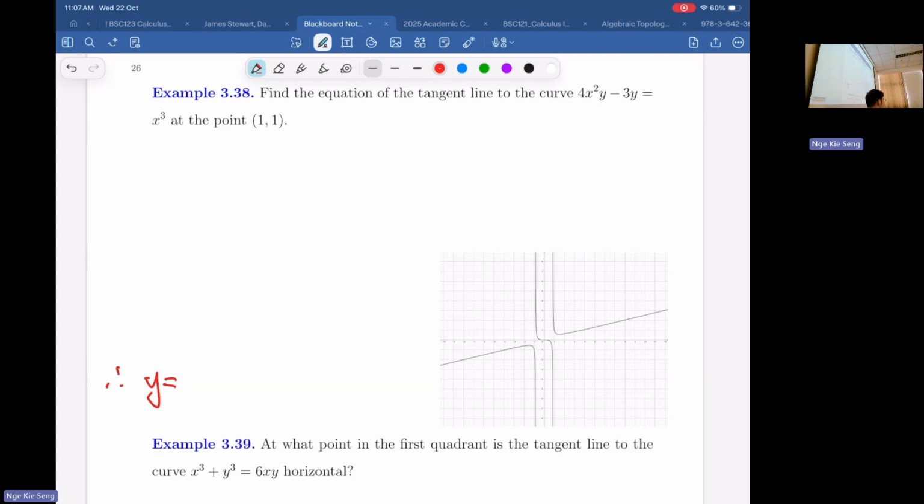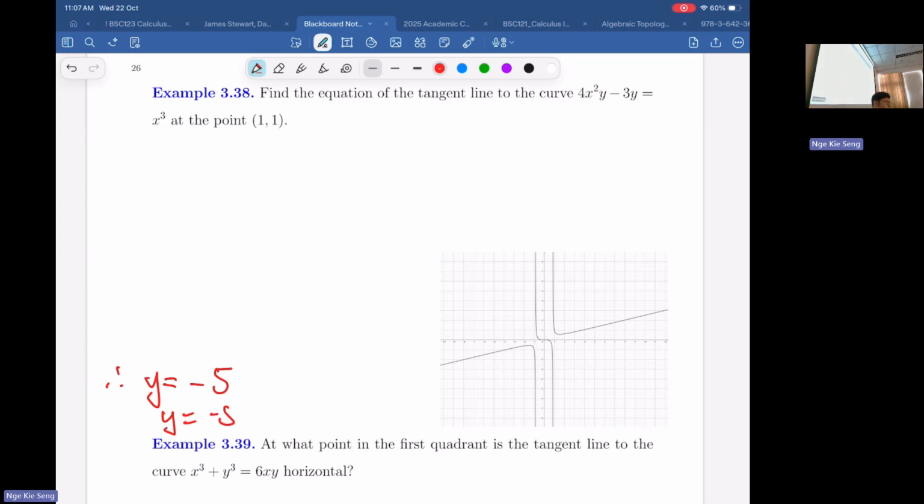What's your tangent line? y equals... to what? -5? Okay, that's it. Done. You happy? Okay, right. So any other answer? At the back got.